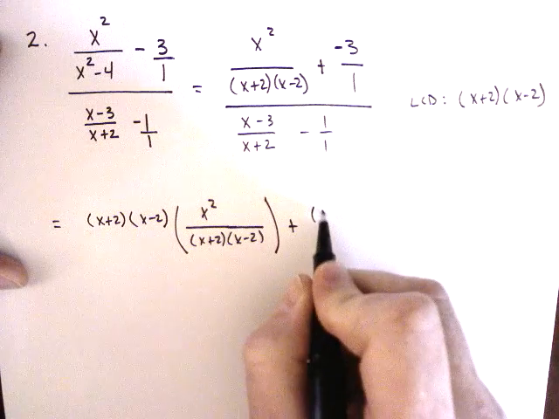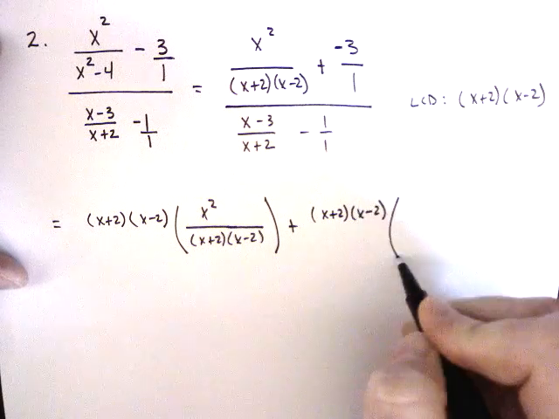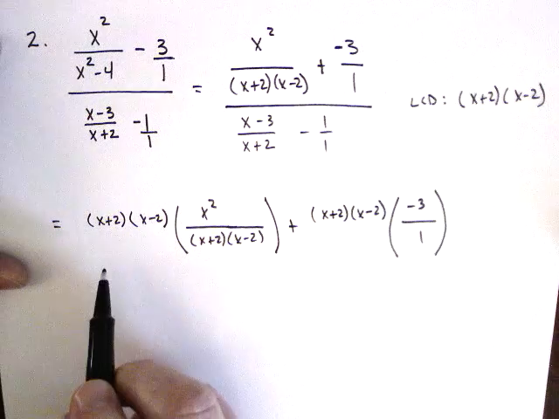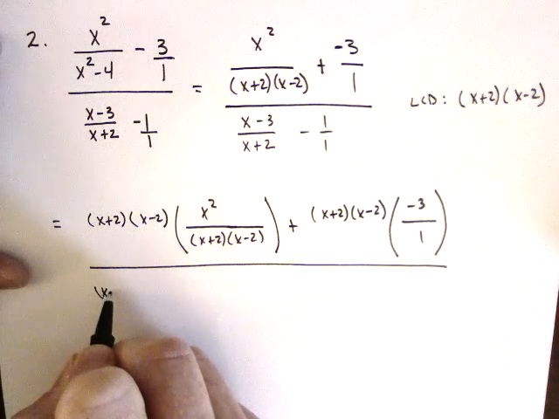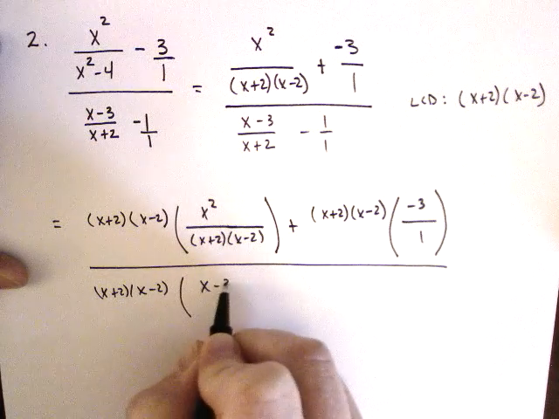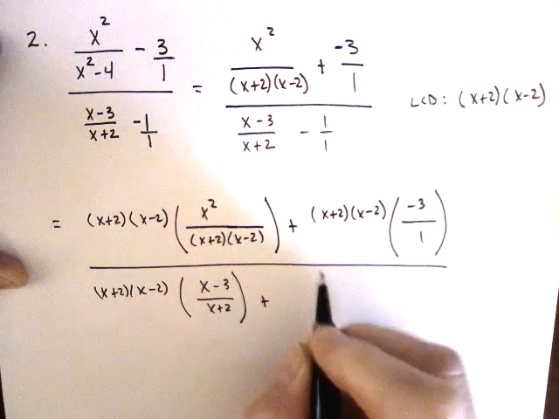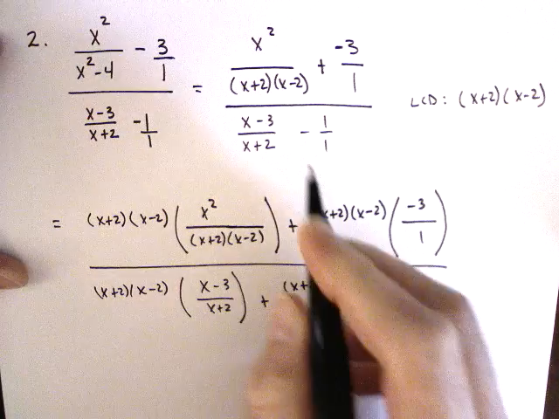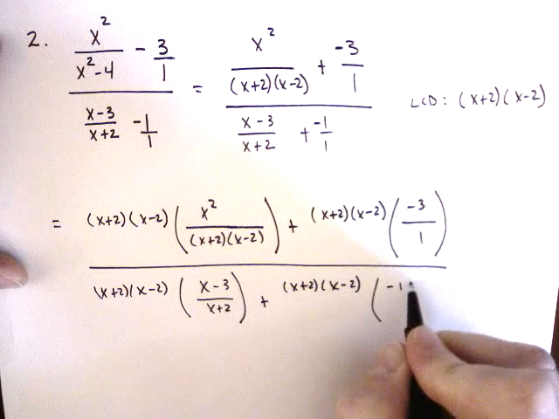So plus x plus 2 times x minus 2 times -3 over 1, all over x plus 2 times x minus 2 times x minus 3 over x plus 2 plus x plus 2 times x minus 2, and I made that a plus, so this has to be a negative 1, so times negative 1 over 1.